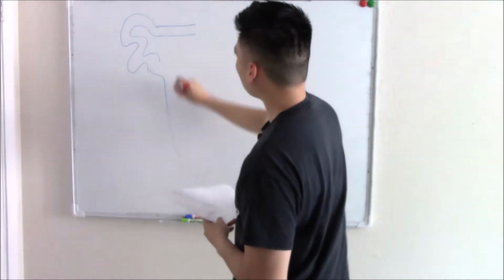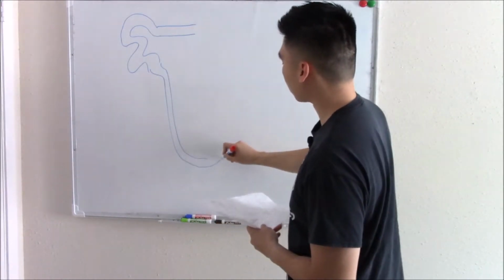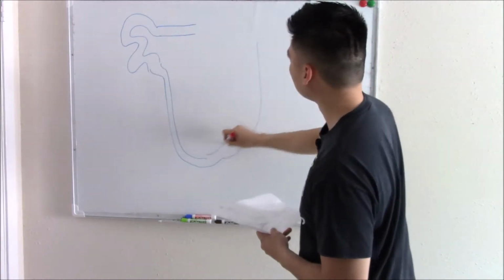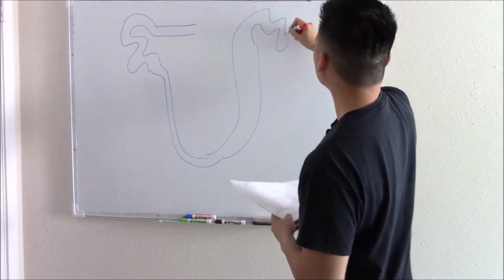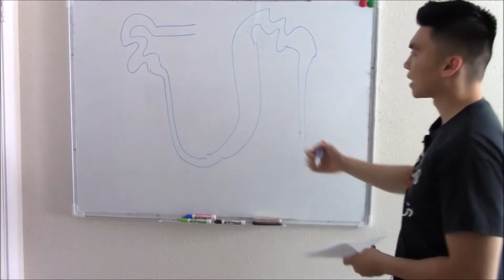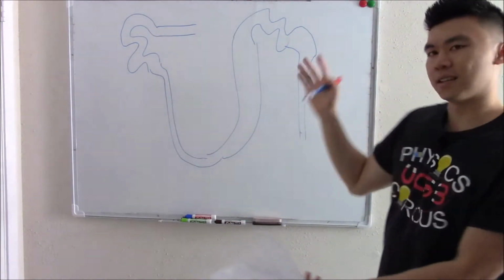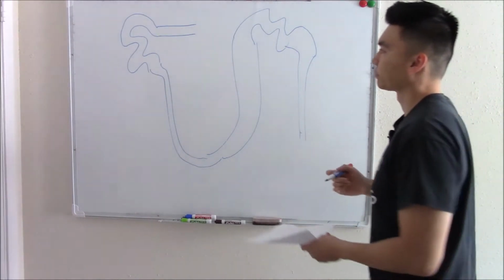And they're pretty complicated with many different parts, and we're going to talk about all these parts. But they kind of look like this. And you have a ton of these in your kidneys, and they all help you filter blood and plasma.